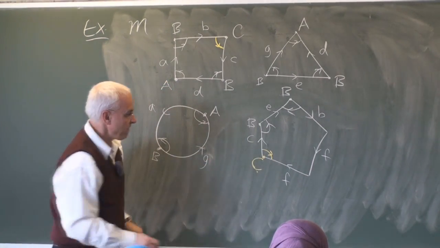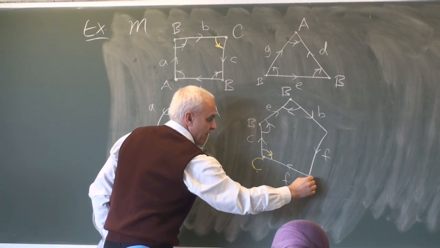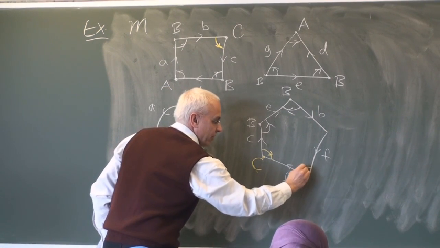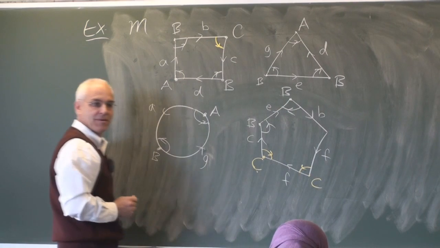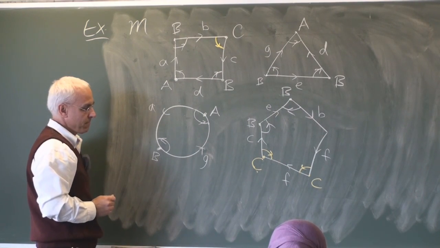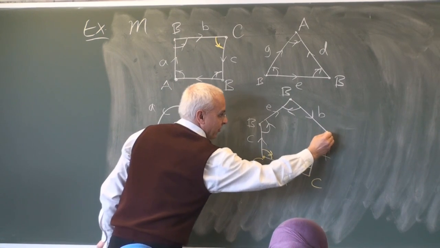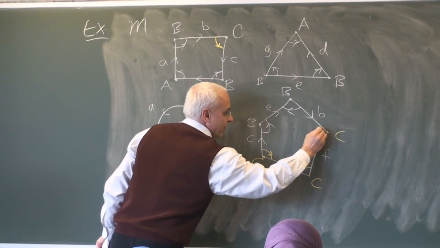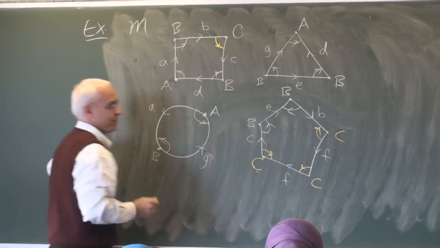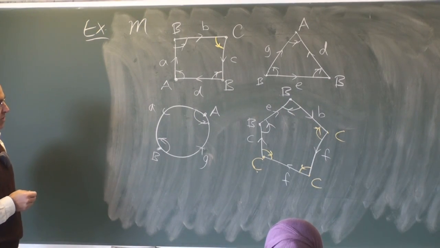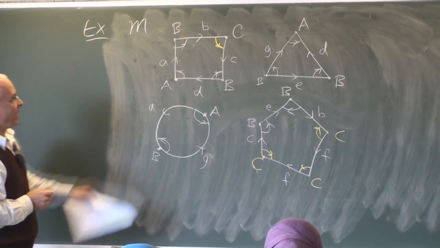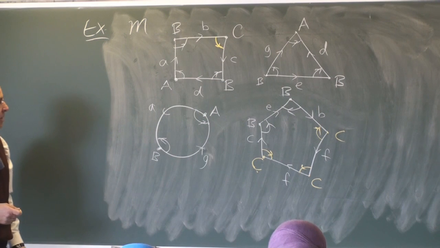To the top of F. Well, there's the other F, and so the top of F is this one, so we must be going like this. And now we're at the bottom of F, which is over here, so this must also be the vertex C, and now we're going in this direction. To the top of B, and that's where we started.